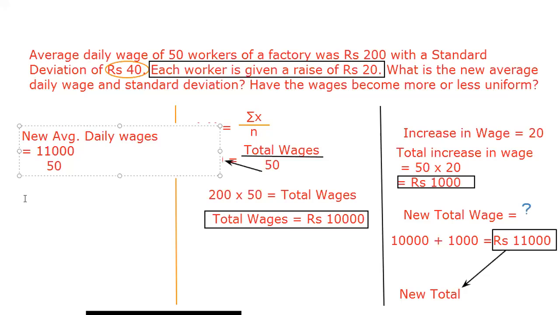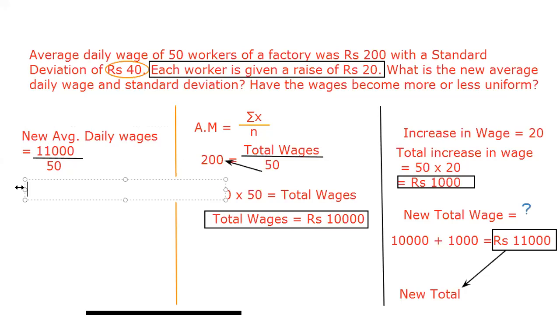So how much? 220. So our new daily average is equal to rupees 220. This is the new average.